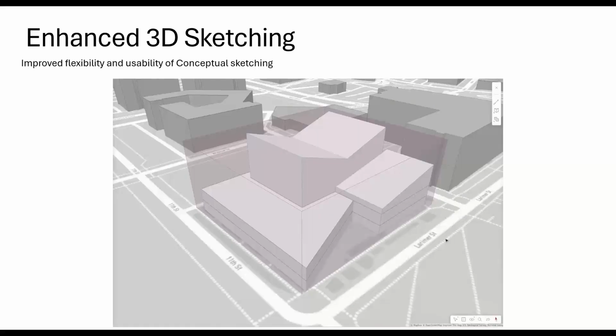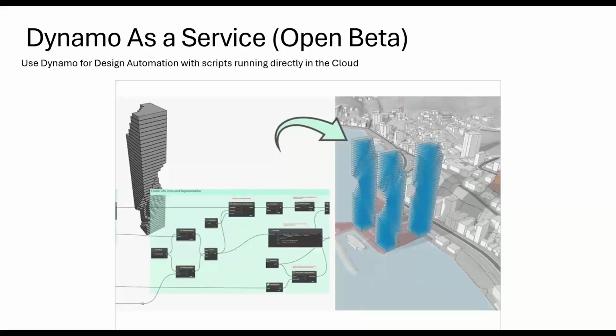So you start by adding generic masses, shape the building, and then perform the analysis. Forma also has add-ons, and it has its own app store. You can add Dynamo to your project if you want to experiment with unique design. All of that is available.